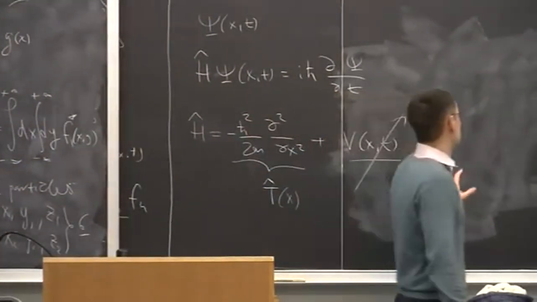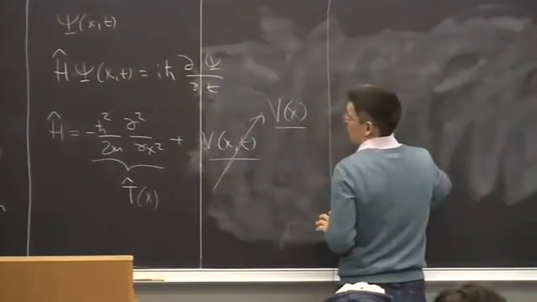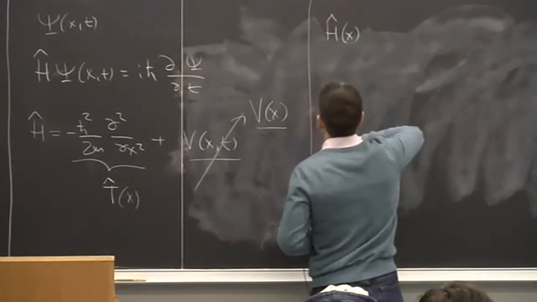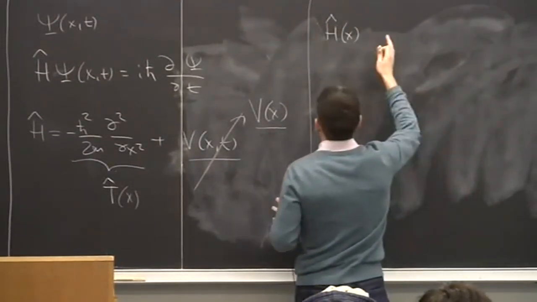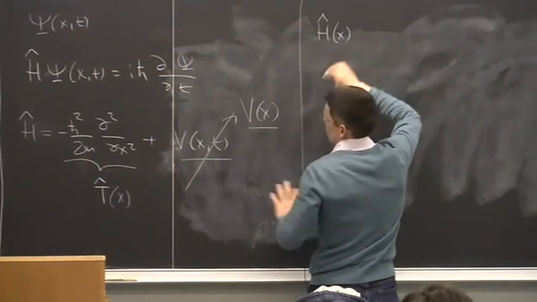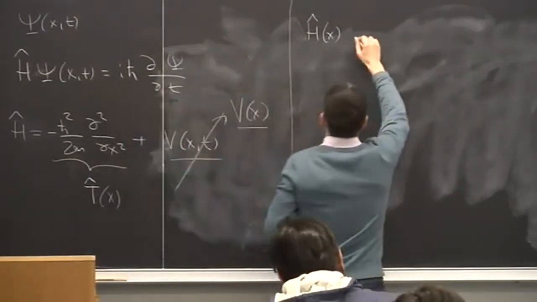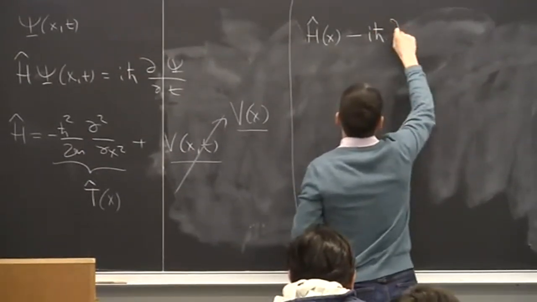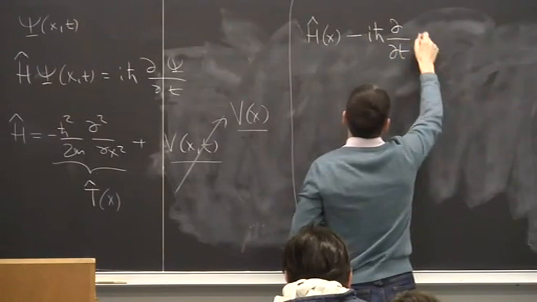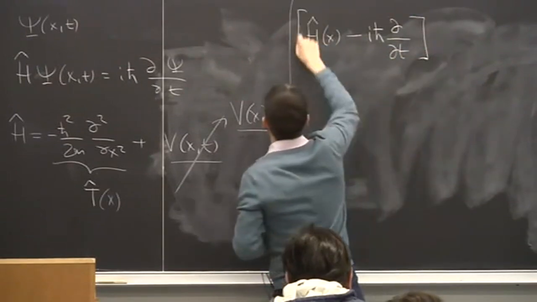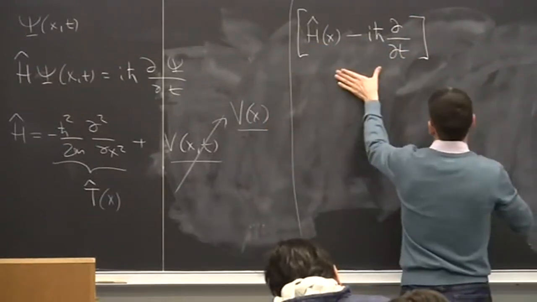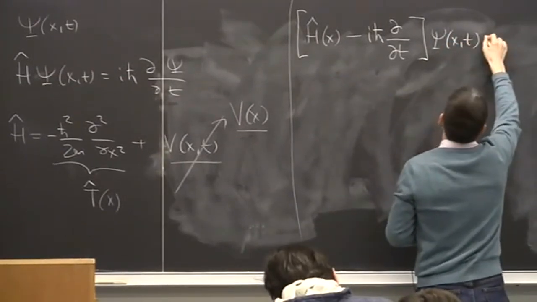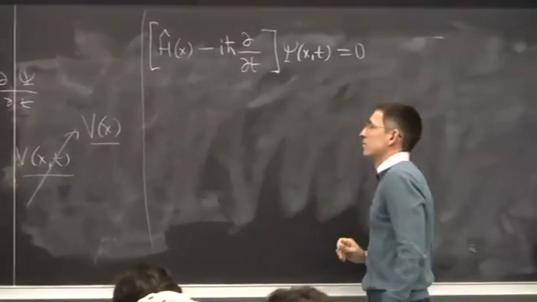So now the setup is that we have H that depends only on x, and we can write down this equation in the following way, in operator form. Okay, so this is an operator acting on our function and giving 0. Right?